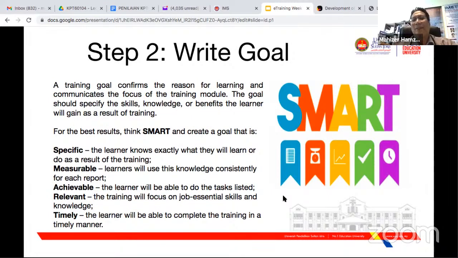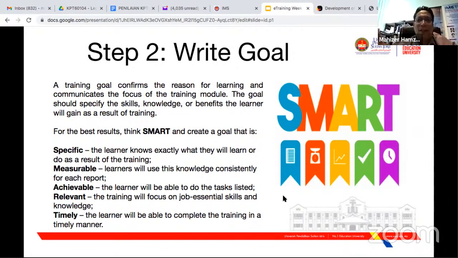For example, if the factory wants to target that 60% or 90% or 80% of the employees, after attending the program, can operate the machine. Okay, lepas menghadiri kursus, 80% daripada pekerja yang telah menghadiri training tadi boleh mengendalikan mesin baru. This one is achievable.